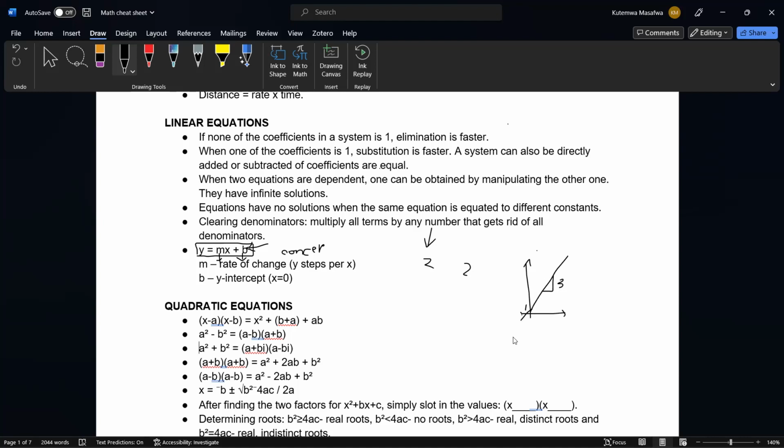Normally when you're dealing with questions that ask you about the meaning of m and b, they'll give you some real value to represent y and some real value to represent x. And most of the time x has to do with time. Or let me just say all the time, because I haven't seen any question that doesn't have x as time. So it can be days, hours, minutes.